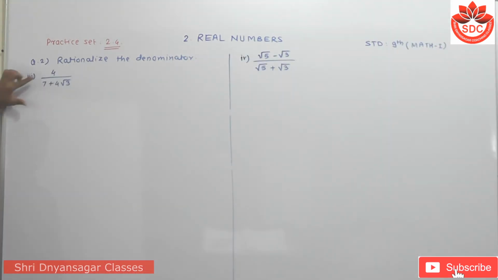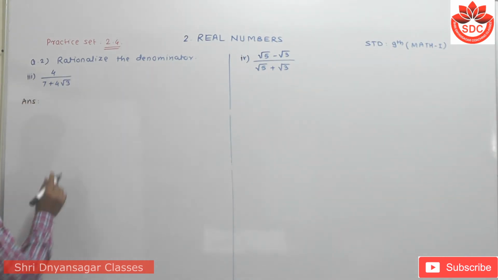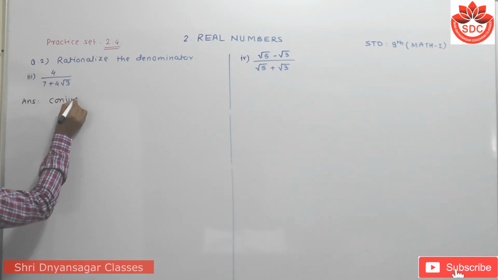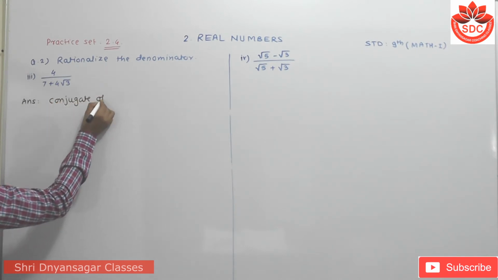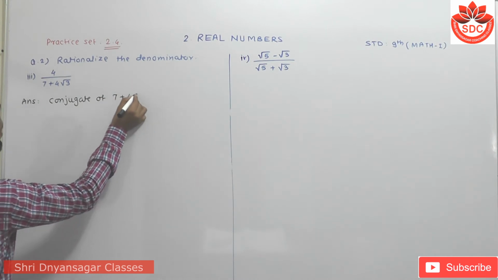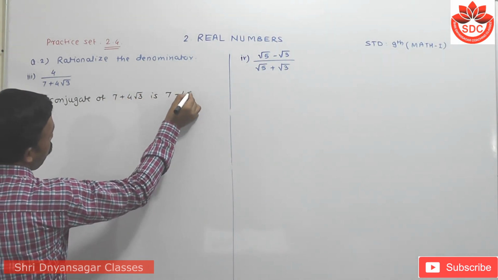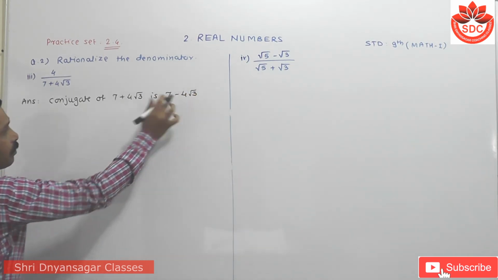The next question is 4 upon 7 plus 4 root 3. First I have to write the conjugate of this denominator. So the conjugate of 7 plus 4 root 3 is 7 minus 4 root 3, plus becomes minus.